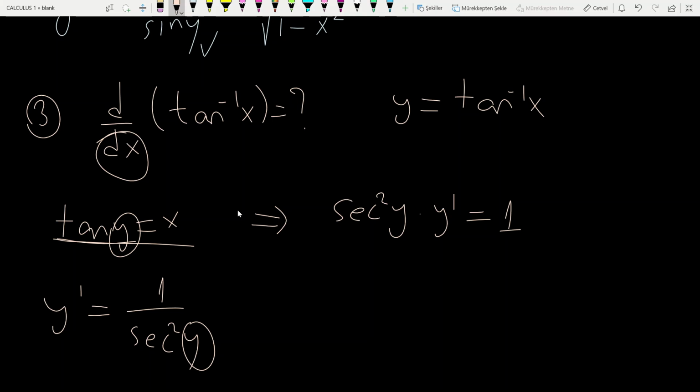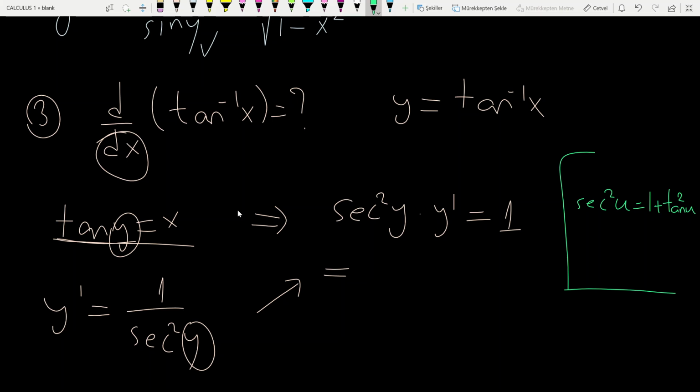We actually have two ways. The first way is that instead of secant square y, you may use secant square u is equal to 1 plus tangent square u. Okay?